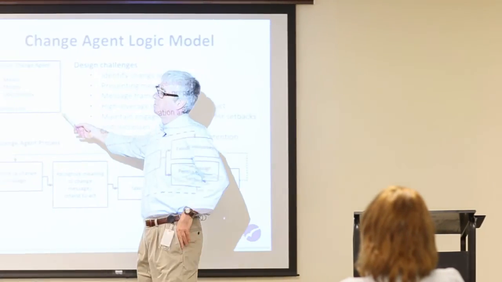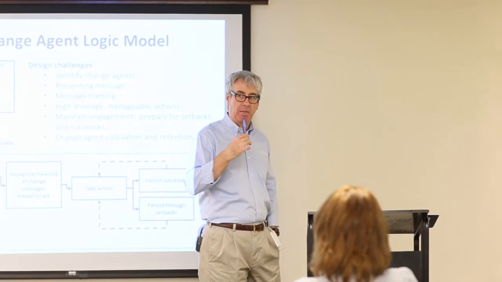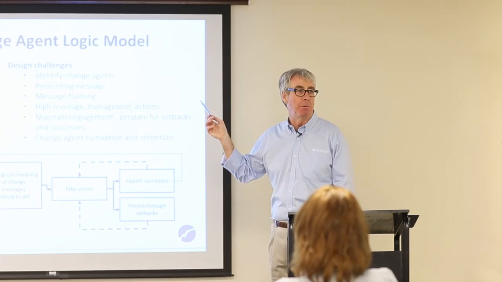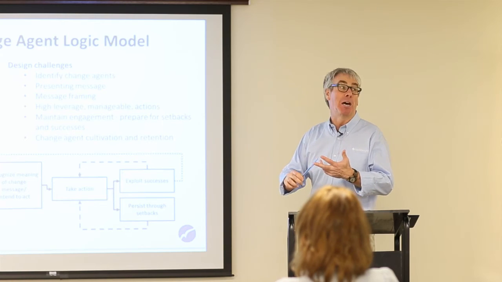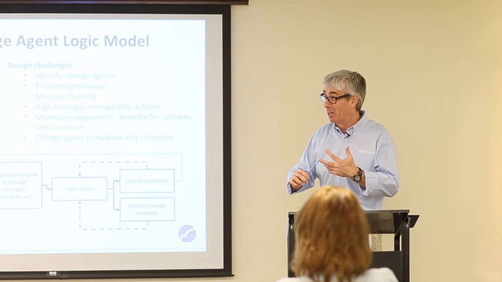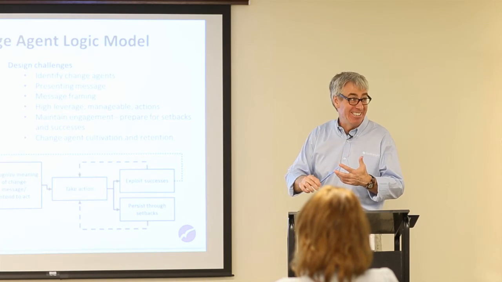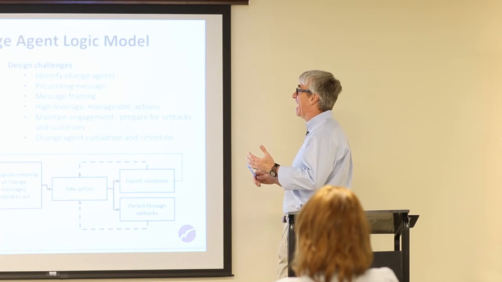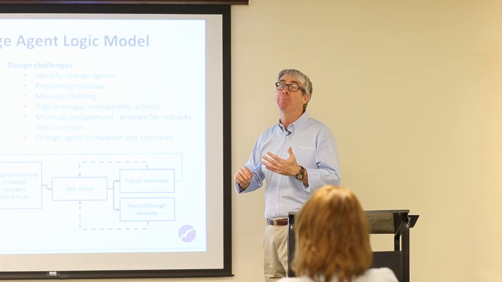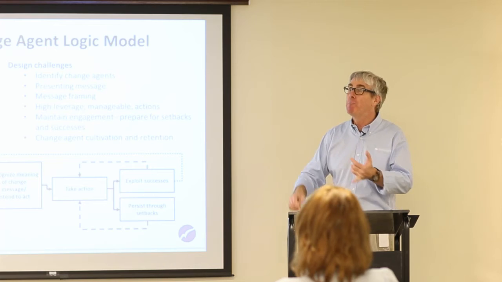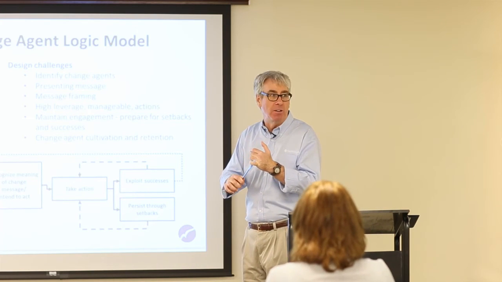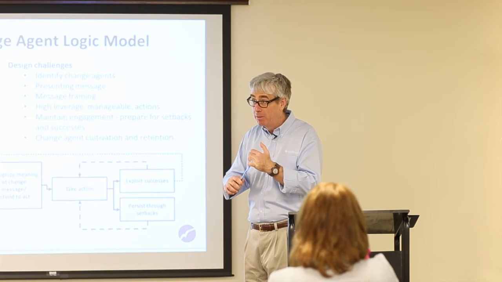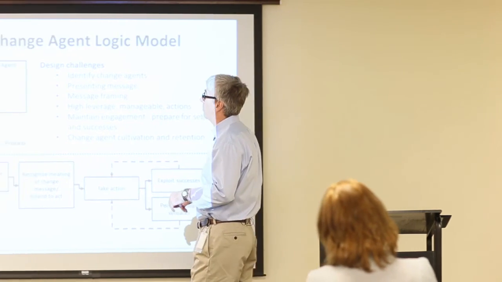Change agents, what do we know about change agents? Well, if they're that valuable, they're going to be busy people, right? They've had a lot of people tell them a lot of stories about how they should change their lives already, right? This is their first day, and they've probably been burned once or twice. They've probably used or heard the phrase "flavor of the month" before, right? Okay, so here's our challenge.